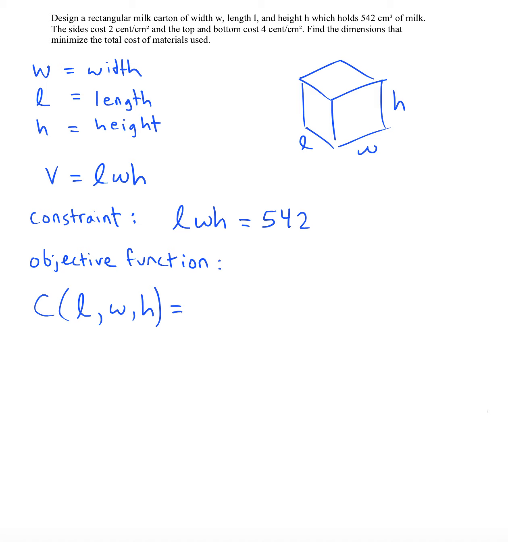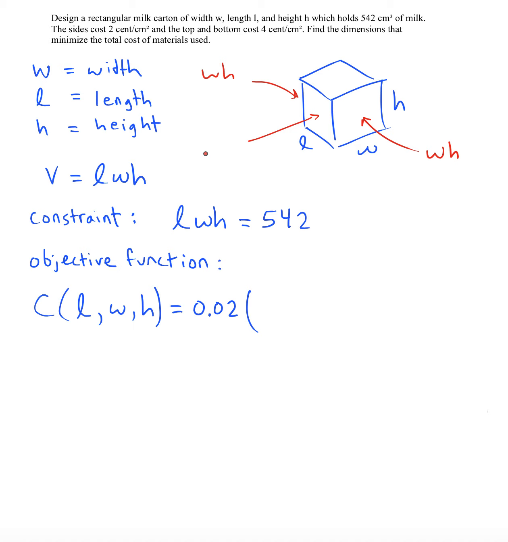I'll multiply the rate of cost times the area. Now they say that the sides are 2 cents per square centimeter, so I'll multiply 0.02 times the sides. But what are the sides? Well, we've got a piece in the front, which is W times H, and there will be an equal surface, equal in magnitude, but on the other side.